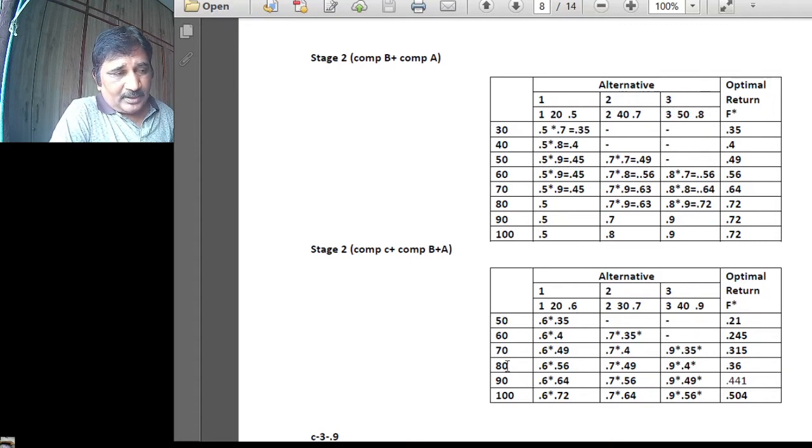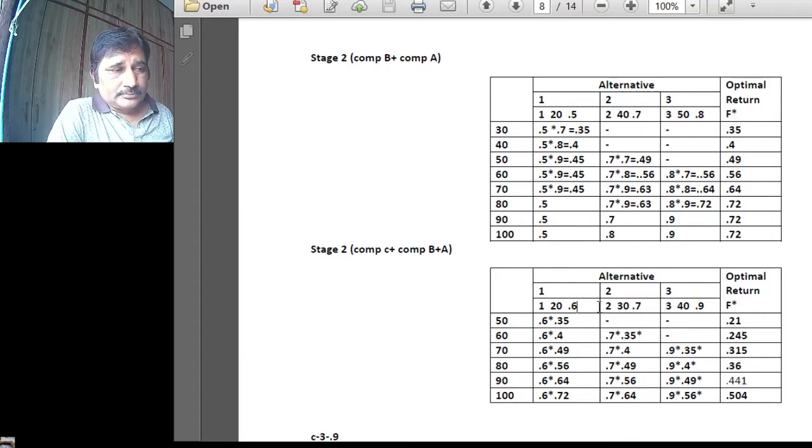So for any amount which is greater than 50 rupees, you are able to choose this alternative, and because you are able to choose this alternative, the first component in the return comes out to be 0.6. The worry is about the second component. The second component is found by taking the difference between the state and the consumption due to the alternative, right?